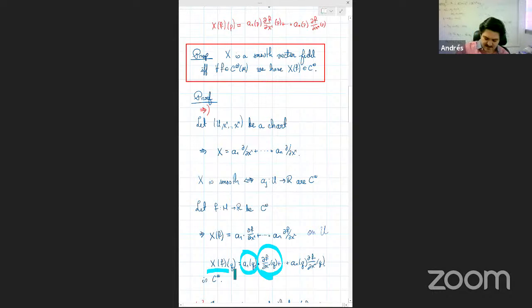Hence, this function is smooth, okay? In a neighborhood, or at least in U. So we have to do that on every neighborhood. Pick a point, a chart, and you will have smoothness of this function.